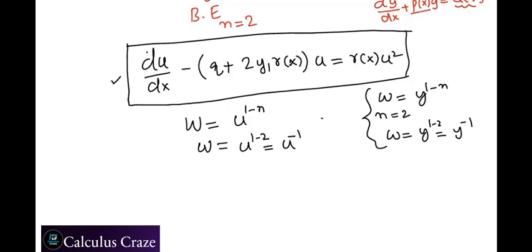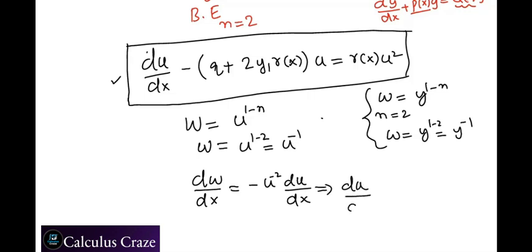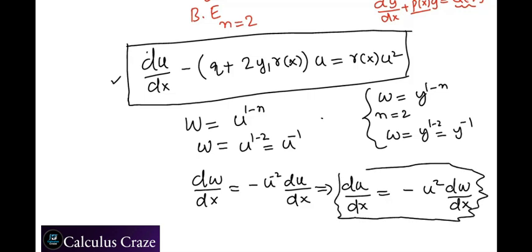For this we need to take the derivative of w. By the chain rule, the derivative of u with respect to x is going to be minus u squared times the derivative of w with respect to x. Now you just change this derivative of u into w in equation number 2.